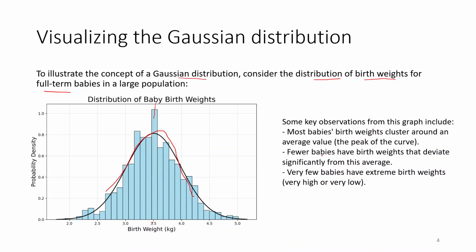Fewer babies have birth weights that deviate significantly from the average. Very few babies have extreme birth weights, either very high or very low. But most of the birth weights are clustered around the average.